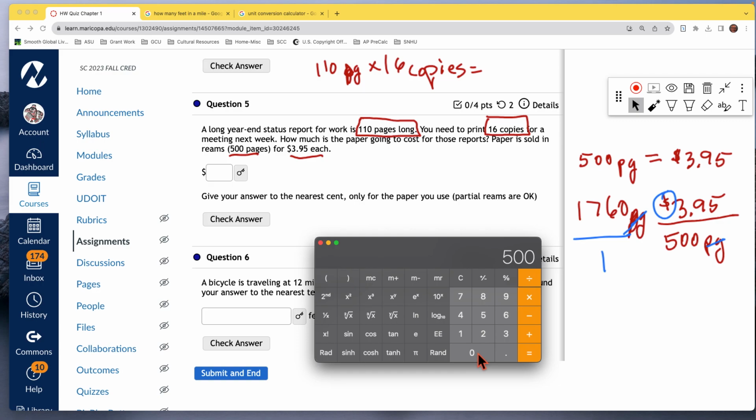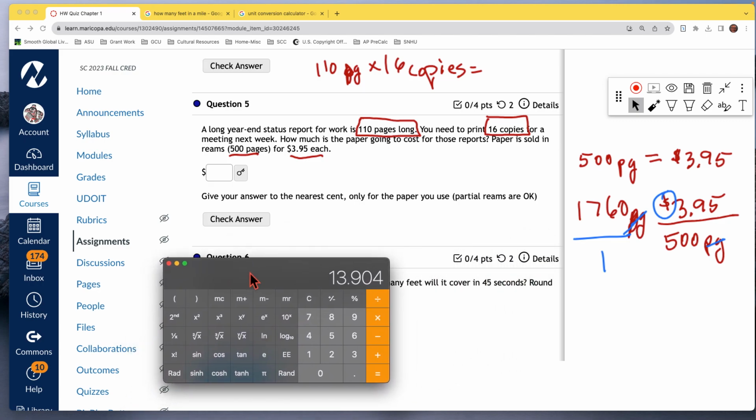Three reams plus some more, right? A partial ream. And so that's 3 times a little bit more, so $13.90, right? Rounding, so the 0 stays 0 because next to it is a 4, so it hasn't gotten halfway yet. $13.90.